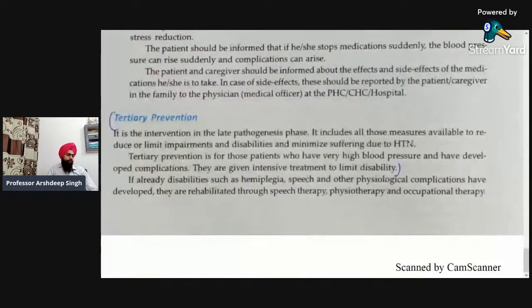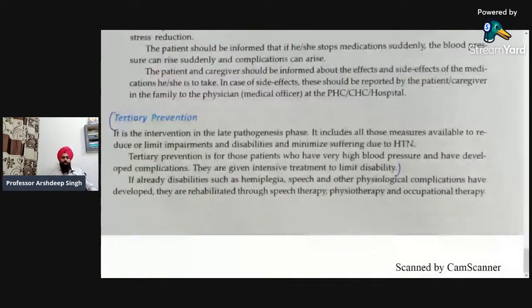It includes all those measures available to reduce or limit impairments and disabilities and minimize suffering due to hypertension. We have to limit the complications. We have to prevent the patient from being affected by different complications, like the person is already hypertensive, but we have to save that person from various types of heart disease and disorders of other organs.